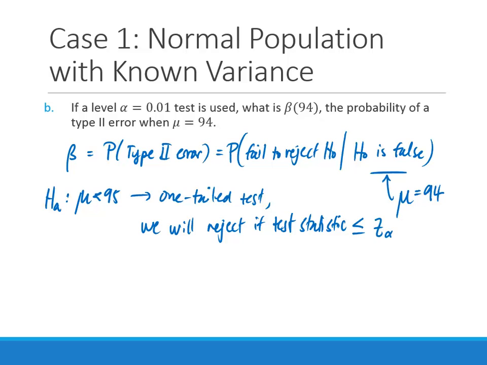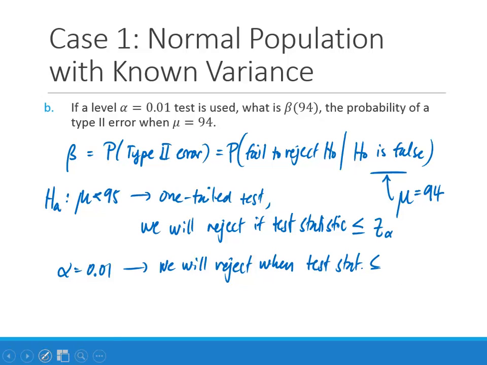So if it's less than or equal to that critical value, then we will reject the null hypothesis. Okay, so here because alpha equals 0.01, we will reject when the test statistic is less than or equal to, sorry, I've made a typo here.